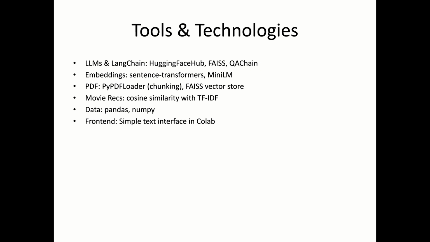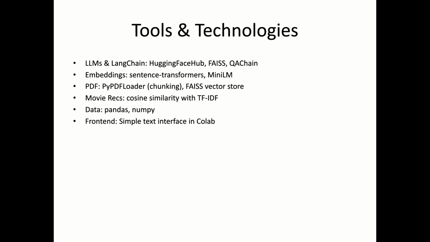And coming to the next slide, which is the tools and technologies. We are using a range of powerful libraries and APIs to build the system for the chatbot. For the language model, we use the Hugging Face Hub, and for document understanding, we use the PyPDFLoader and FAISS for the vector storage.